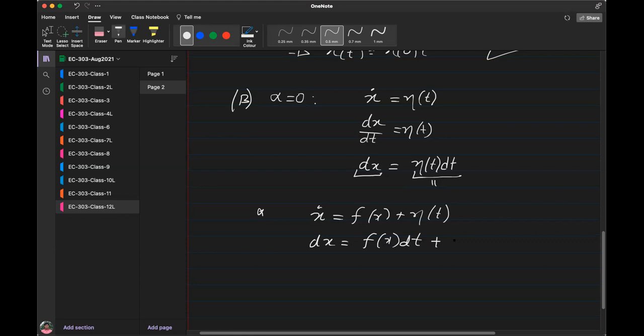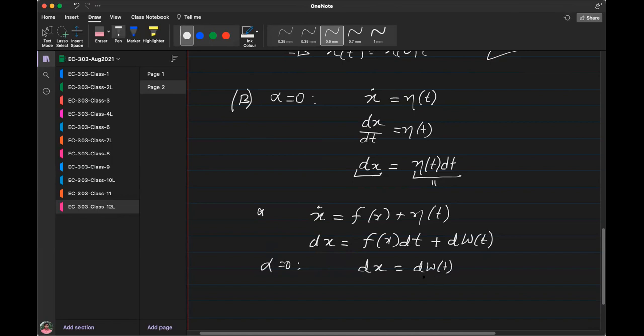They don't write eta of t, they instead write dW of t. And then alpha equal to 0 in our case corresponds to f of x equal to 0. So basically you have dx is equal to dW of t.